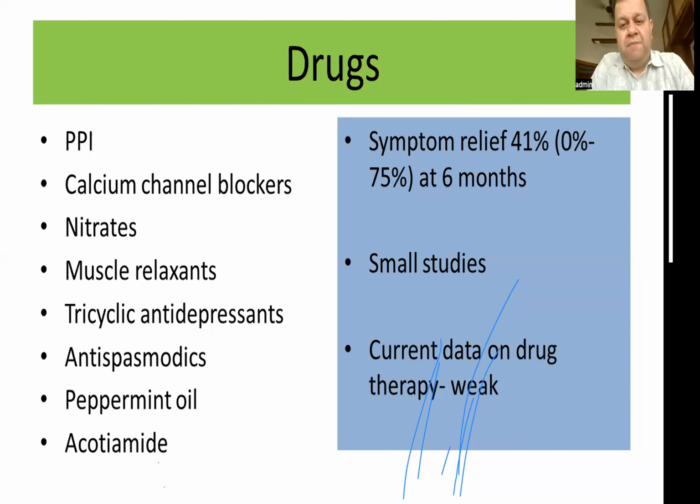Around 40% of patients have symptomatic relief at the end of 6 months. However, whatever studies we have are on very small case numbers, and the current data on drug therapy remains weak. In my experience, I have used PPI, calcium channel blockers, nitrates, and acotiamide in patients with EGJ outflow obstruction with mild to moderate symptoms with good clinical response.